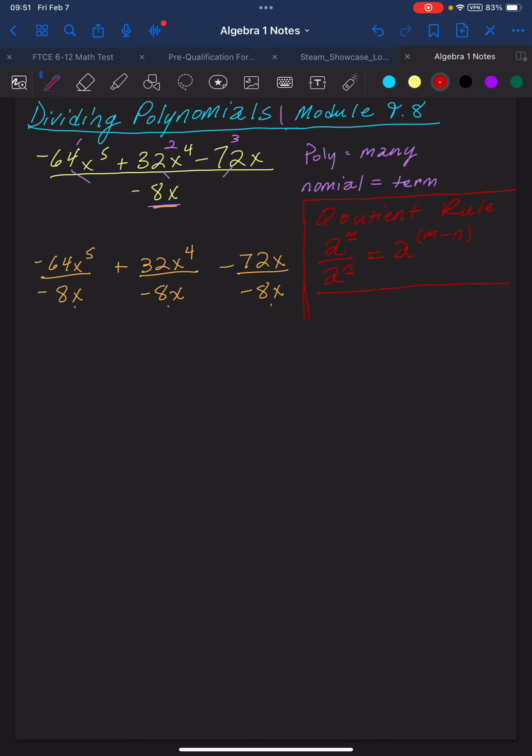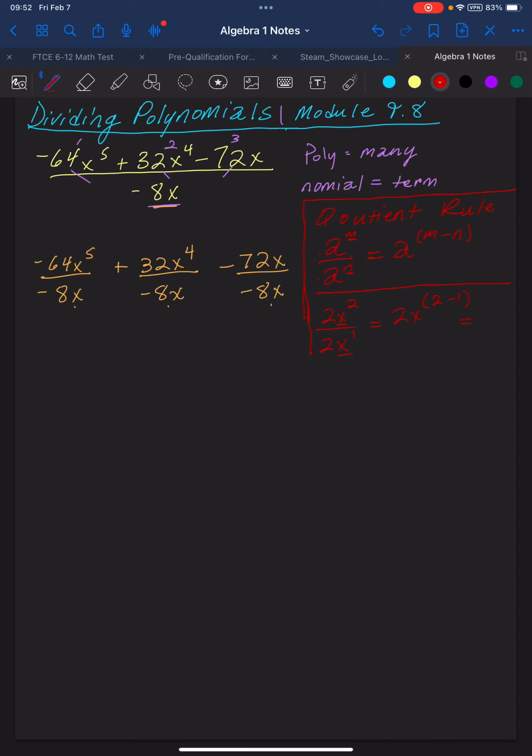Let's use a number so it makes it very clear. Let's say I had 2x raised to the power of 2, divided by 2x raised to the power of 1. Notice, our variables are the same, x and x. Well, because I have the same variables, this would be 2x raised to the power of 2 minus 1.